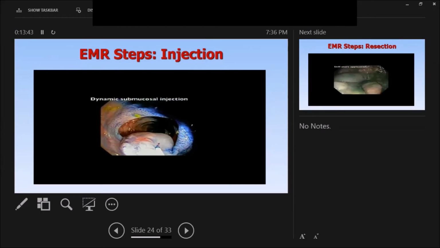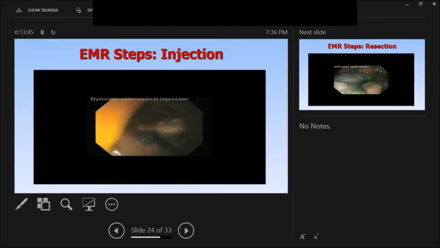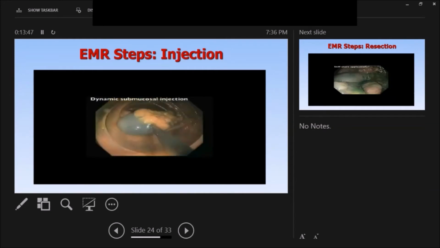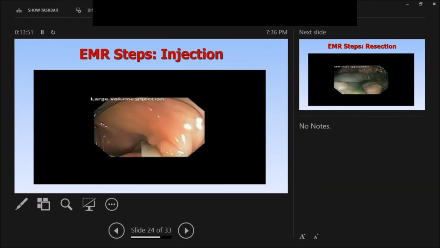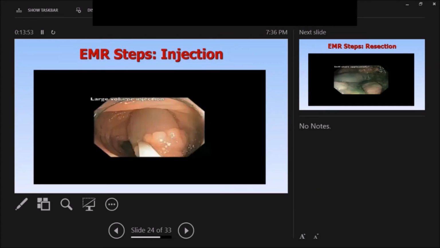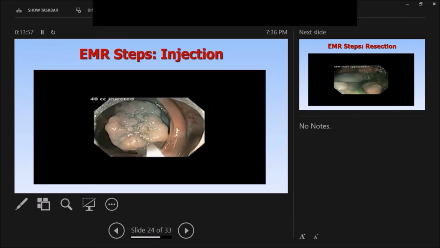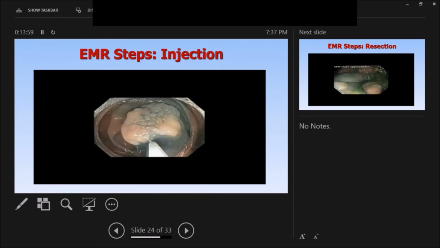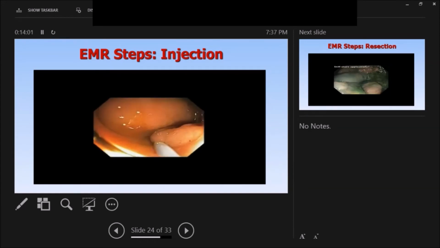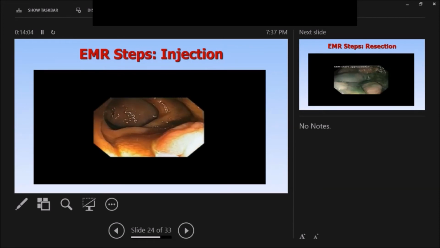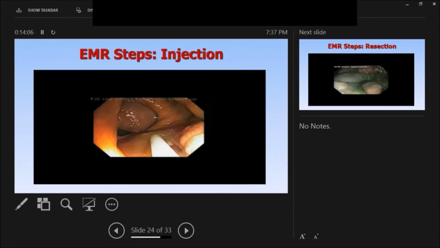EMR steps. The first step is injection. Whatever the solution used to inject, the mainstay of EMR is to elevate the lesion. In colonic lesions, we start to work from the cecal side and then from the anal side, except for anal lesions.